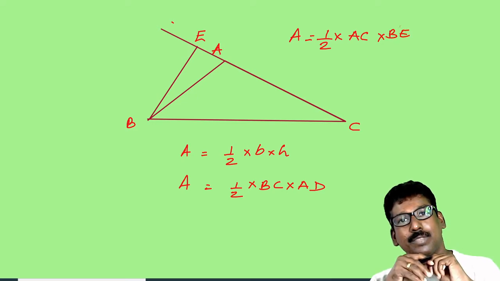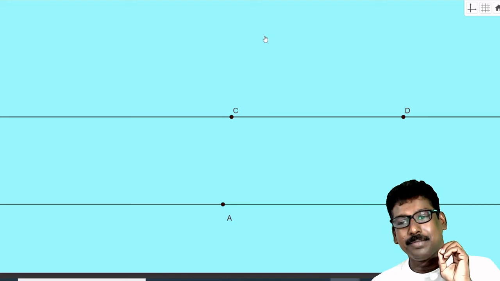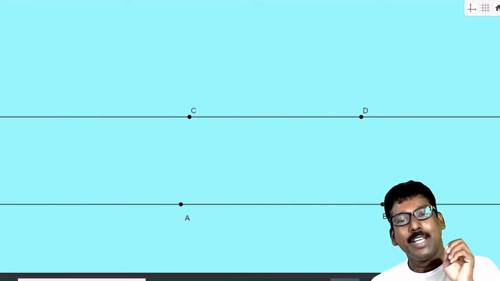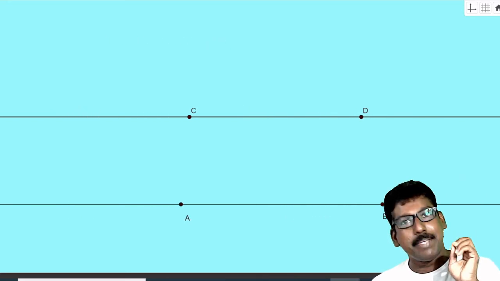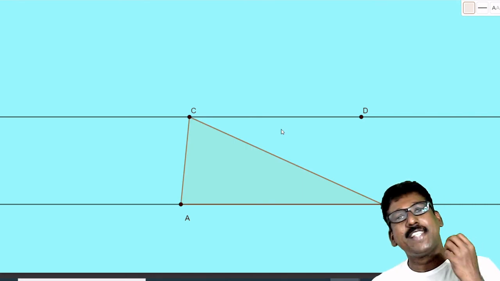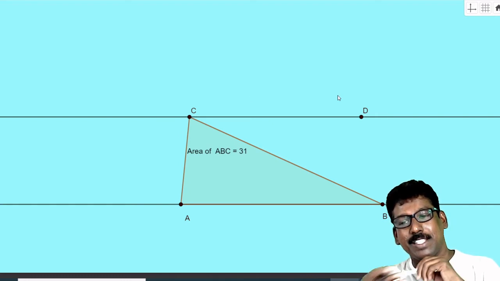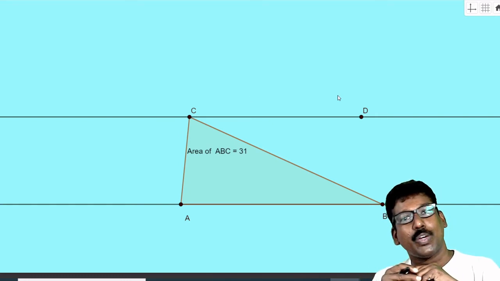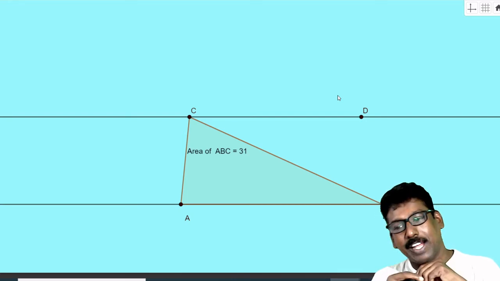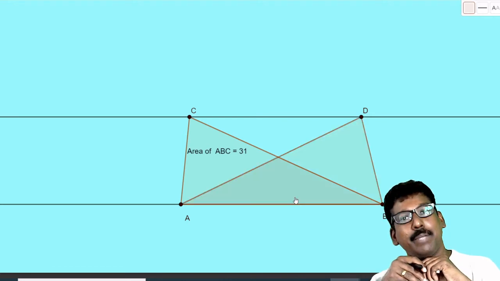Now let me consider another case. Here AB and CD are parallel. Now let me take a triangle ABC. Here you have triangle ABC. Now what's its area? Area of triangle ABC, you can see it is 31 square unit. Now let me consider another triangle ABD. Here is triangle ABD.